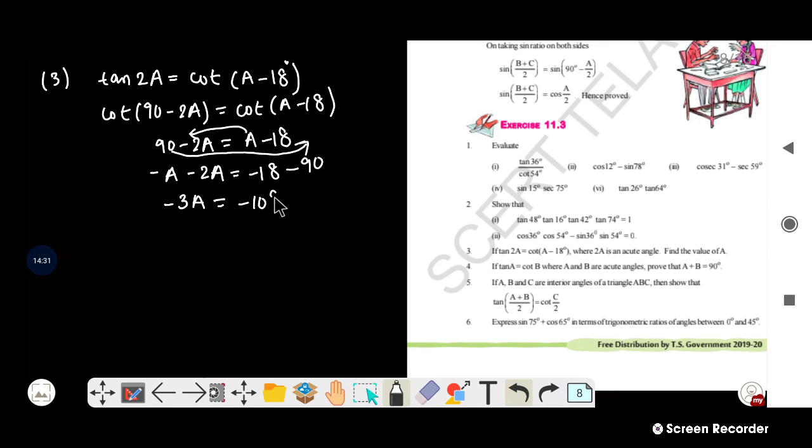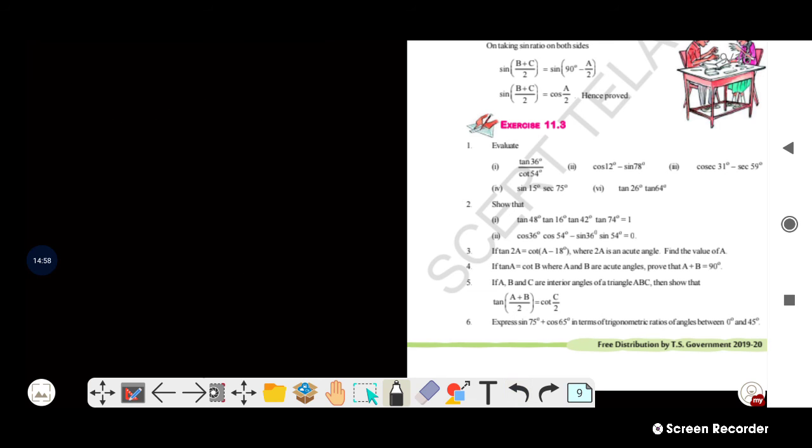Minus minus will get cancelled. a is equal to 108 by 3, which means a is 36 degrees. So the value of a we got is 36. We got it. So that was the third question, and now we go for the fourth question.